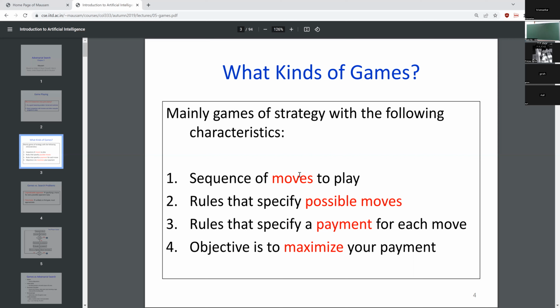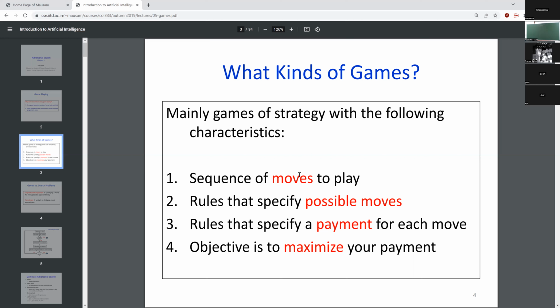Right, and there will be an objective, of course, in the game. Like in the game of chess, your objective is to have your opponent defeated by taking the game to such a state in which the opponent has no chance of winning but to sacrifice its king.